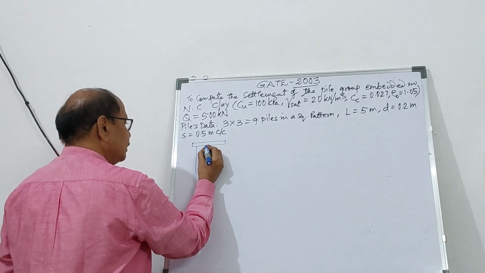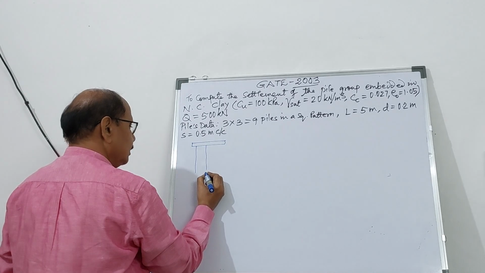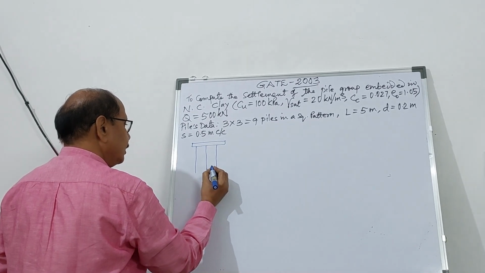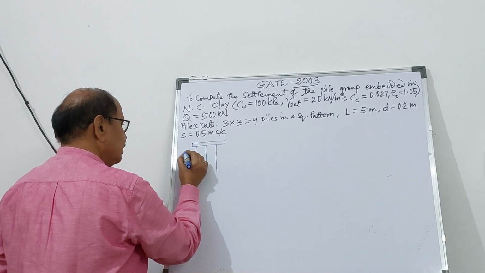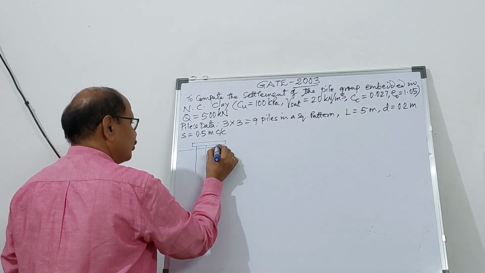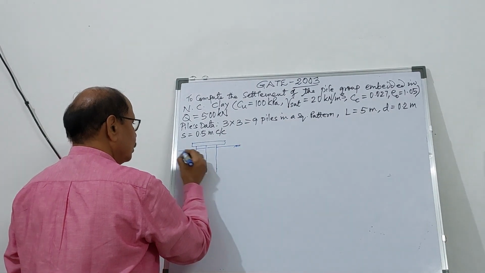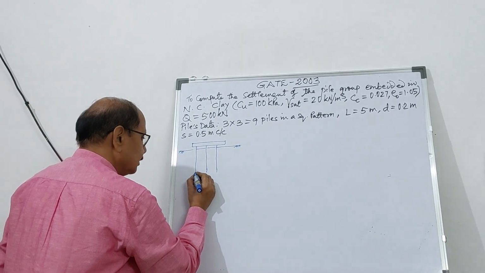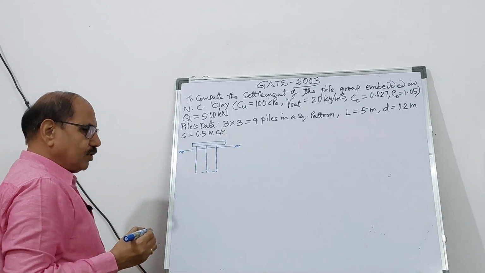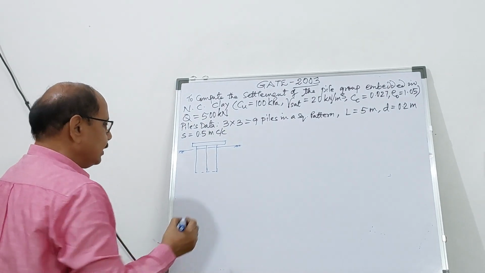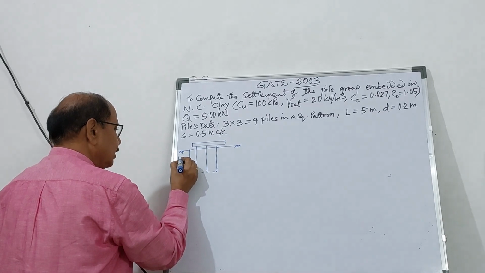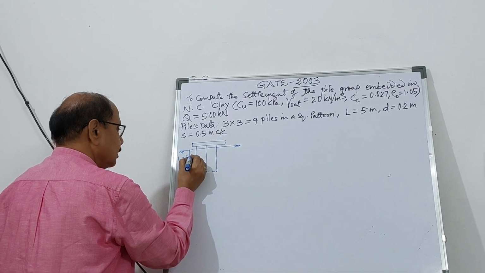One pile, second pile, and this is the third pile. So this is the sectional view, 3 by 3 piles, and this is the tip of the pile, and the length of the pile is given to you as L equal to 5 meter.